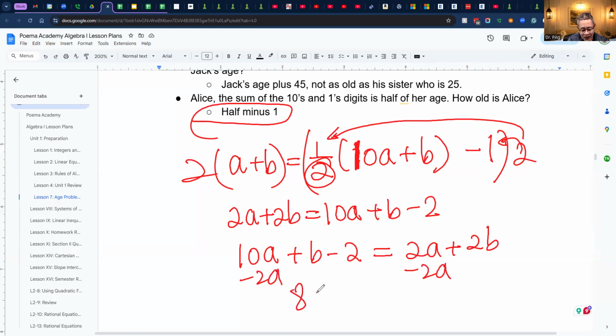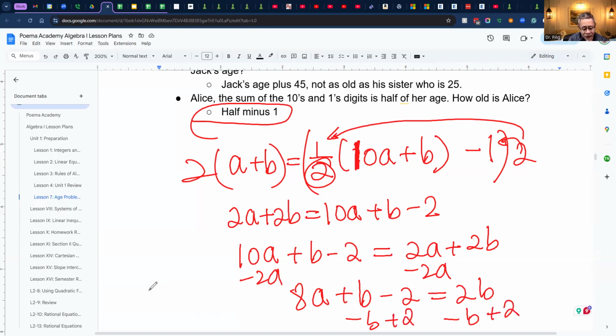Then we get 8A plus B minus 2 equal to 2B. Then minus B on both sides, and also add 2 on both sides. So 8A is 2B minus B, so it's B plus 2. Now we can see the same thing: A cannot be 2, so the only number A can be is 1.